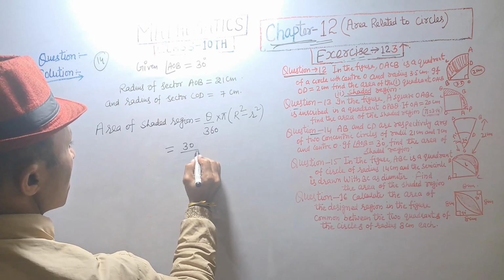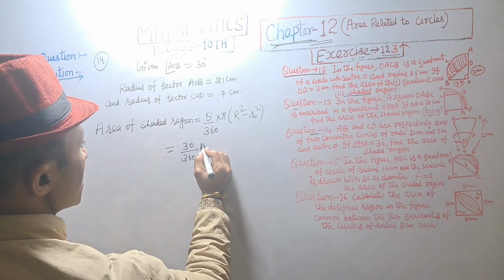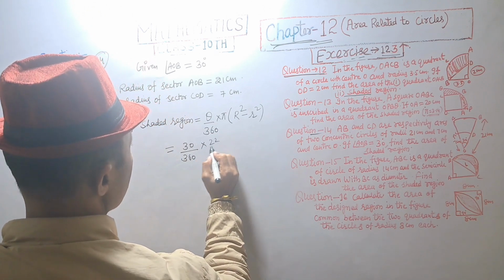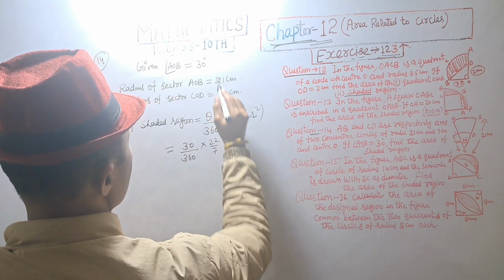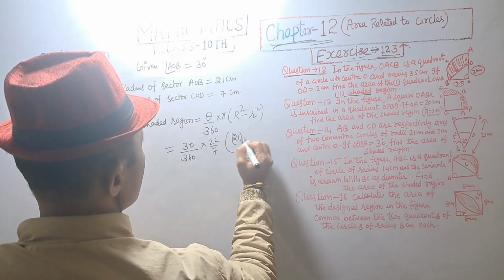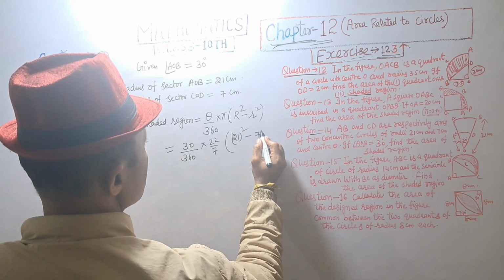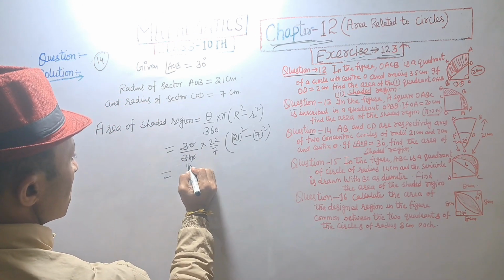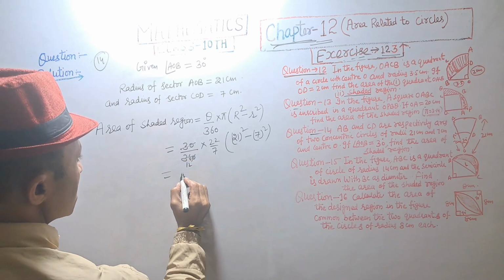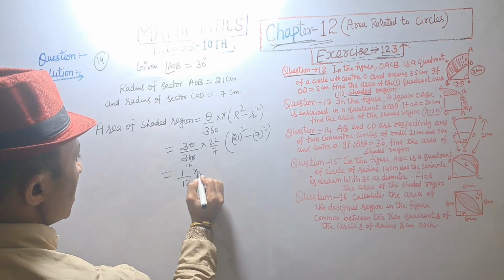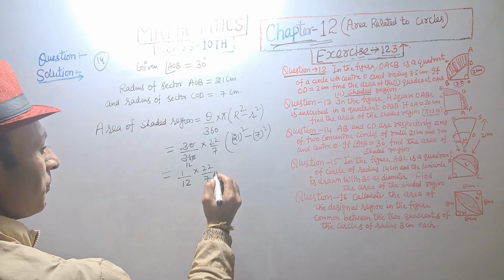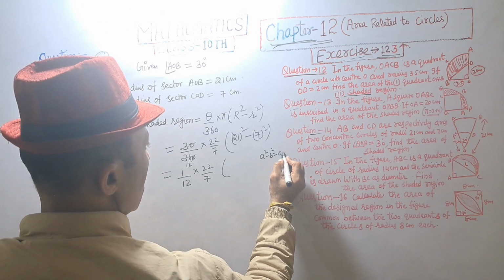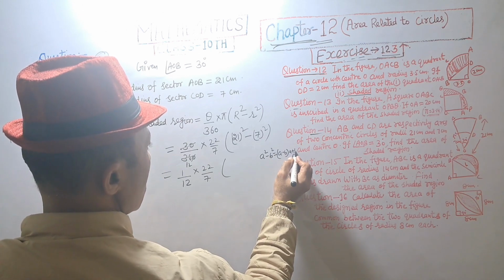Angle is 30 upon 360 into pi is 22 upon 7, and radius 21 square minus 7 square. 0 0 cancel, 12 3s are 36, so 1 upon 12 into 22 upon 7, and a square minus b square is a minus b into a plus b.